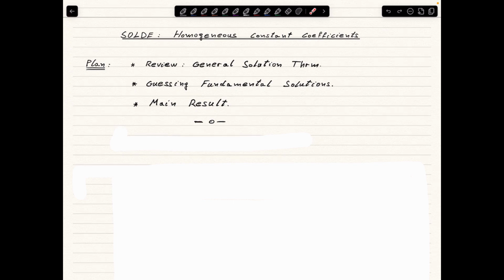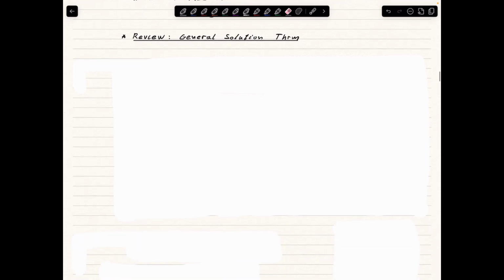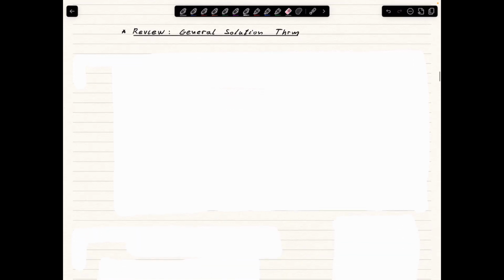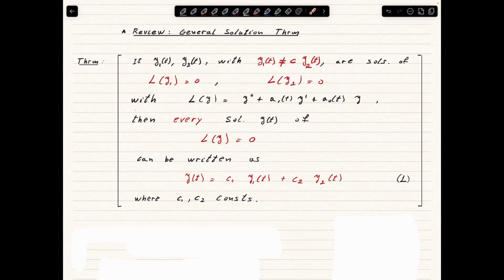Let's start with a brief review of the general solution theorem we introduced in a previous video. That theorem says the following. Suppose you have two functions, y1 and y2, and these functions are solutions of the same equation, where L is a linear second order differential operator.